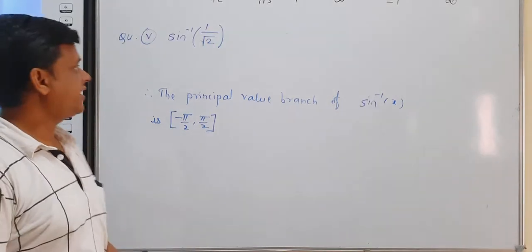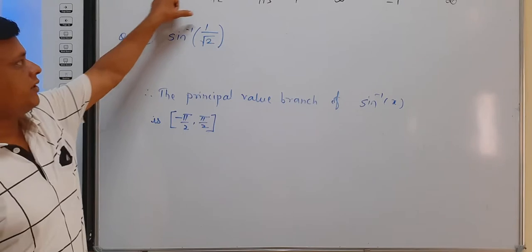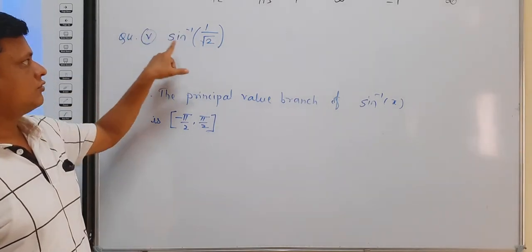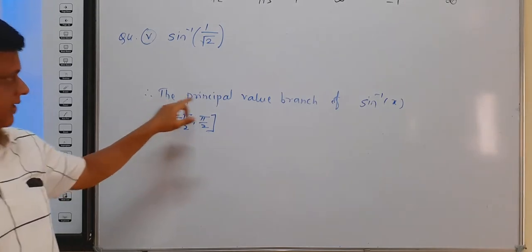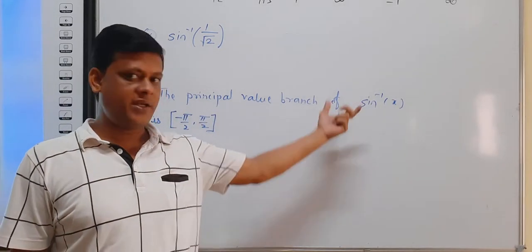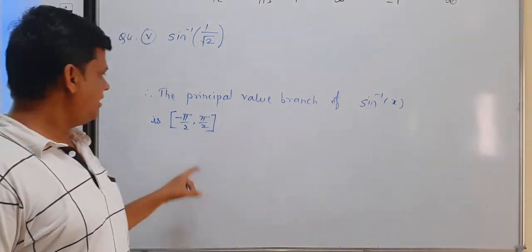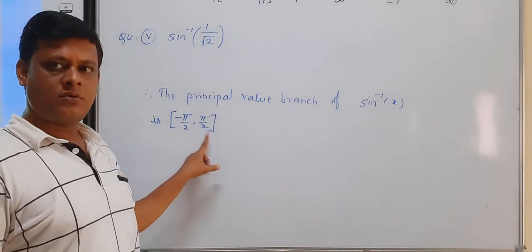Now see the next example, sin inverse of 1 by root 2. So here the function is sin inverse. The principal value branch of sin inverse x is the closed interval minus pi by 2 to plus pi by 2.